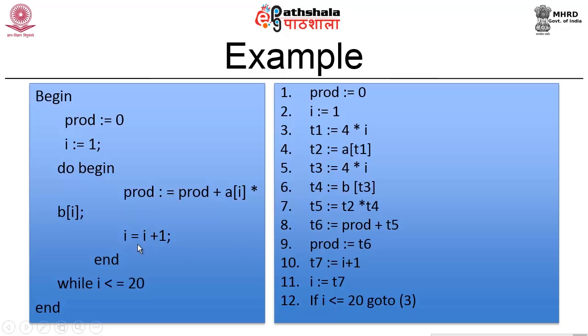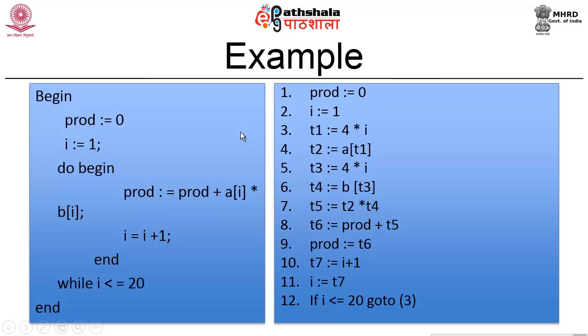I then increment i in a temporary variable and assign it to i. If i is less than or equal to 20, go to statement 3. This is what we are looking at as the 3 address code for this particular example.